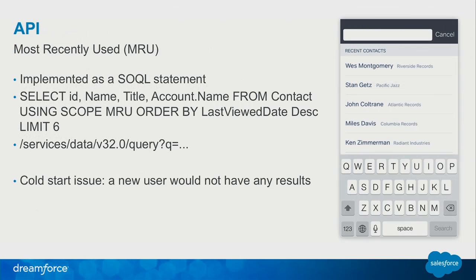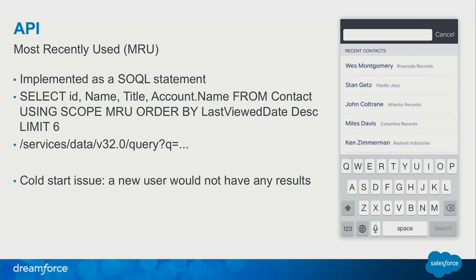So let's start with this first screen, the recently viewed items. This is implemented with SOQL. So it's really a regular SOQL with the only difference being this scope statement, using scope MRU, that you add to your SOQL statement. There are several APIs for getting MRU. I chose this one because it allows you to get any field from the contact.